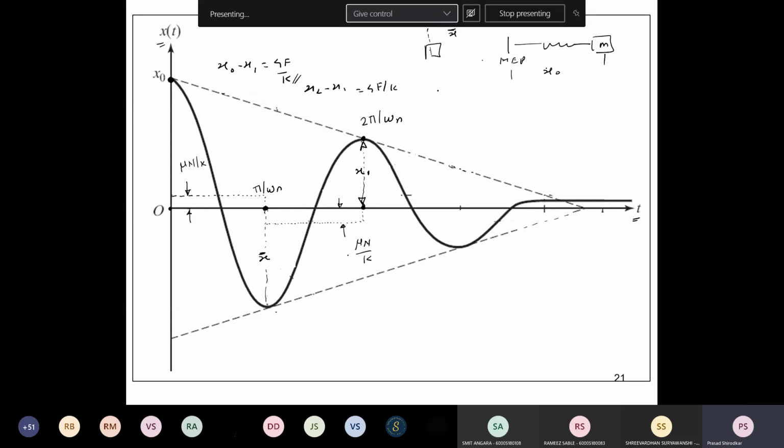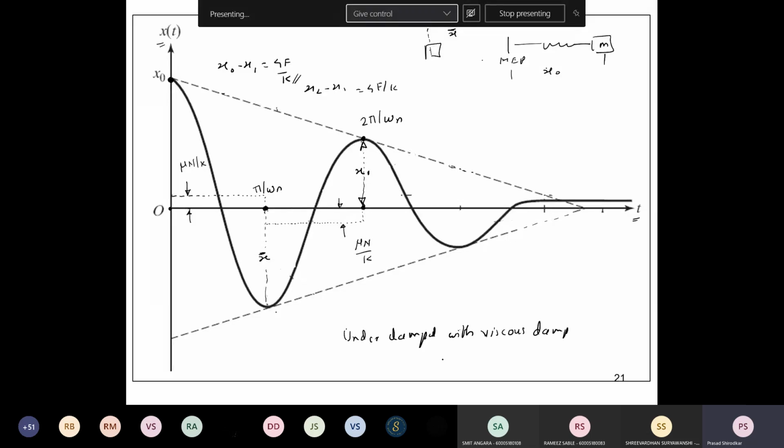This is different from what you have studied in viscous damping. In an underdamped system with viscous damping, the decrease is not uniform.